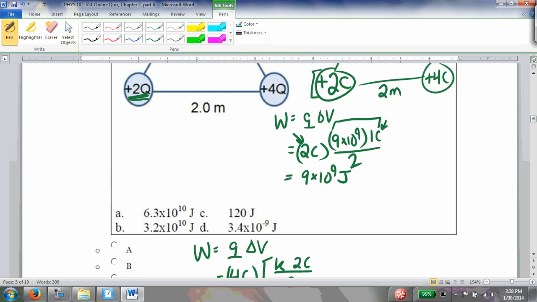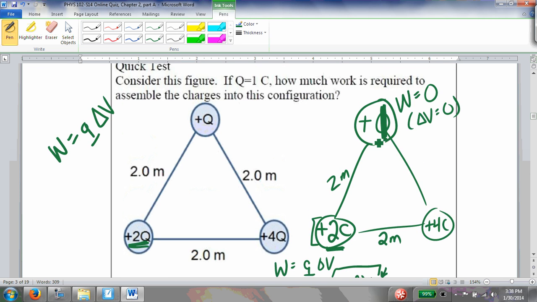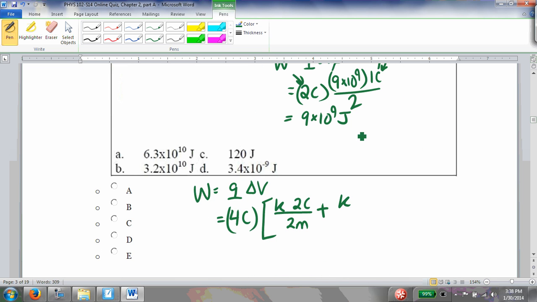All right, so notice that is the potential due to this charge, plus K times 1 coulomb divided by 2 meters. All right, let's see, my 2's cancel there. I get 4K plus 2K, I get 6K. 6 times 9 is 54 times 10 to the 9th joules.